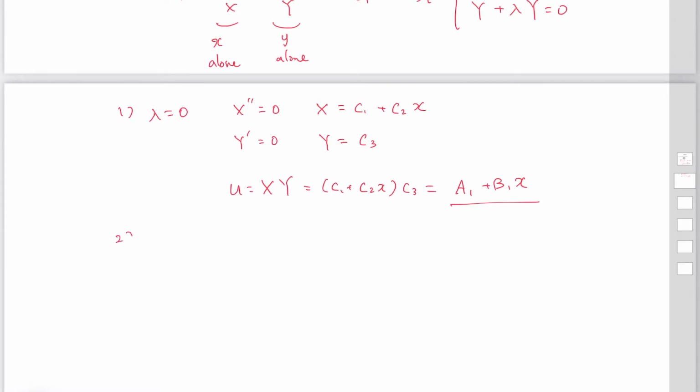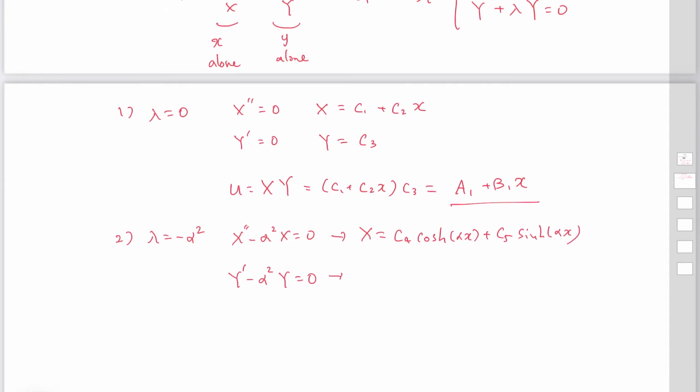In the second case, lambda is a negative quantity, so negative alpha squared. The equations become X double prime minus alpha squared X equals 0 and Y prime minus alpha squared capital Y equals 0. From the first equation, X is expressed as c sub 4 hyperbolic cosine alpha x plus c sub 5 hyperbolic sine alpha x.